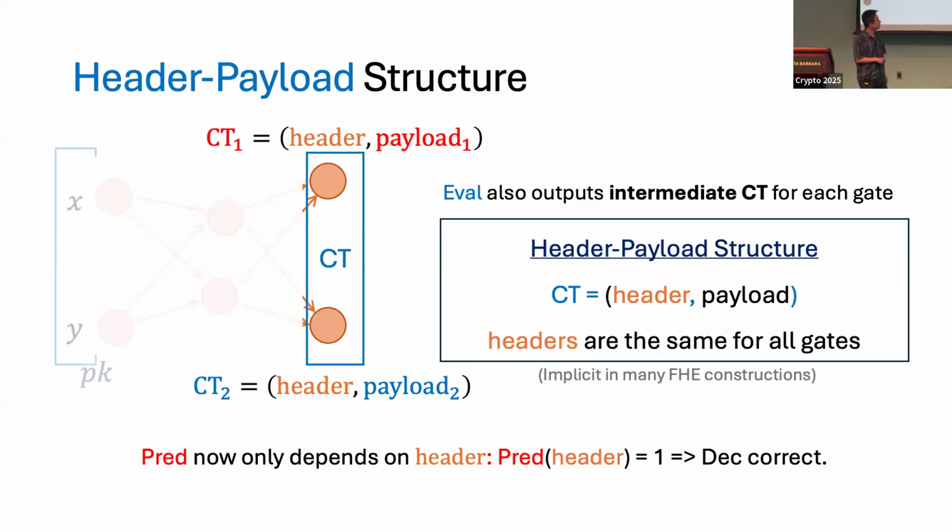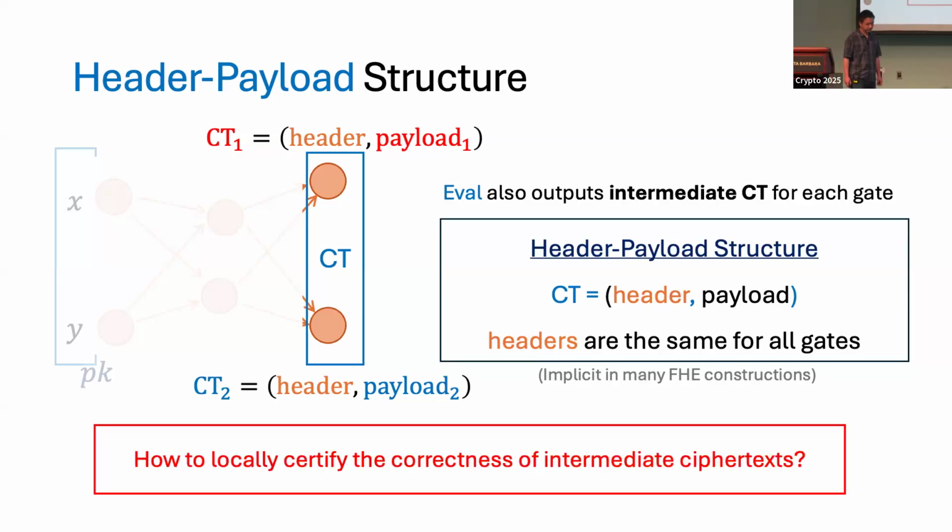Now we modified our definition of the predicate to only require that the predicate only takes the header as the input, and it can decide whether the decryption is correct or not. So this will solve the composition of different output bit issue. But this also introduces a new issue, which is how can we certify the correctness of those intermediate ciphertexts.